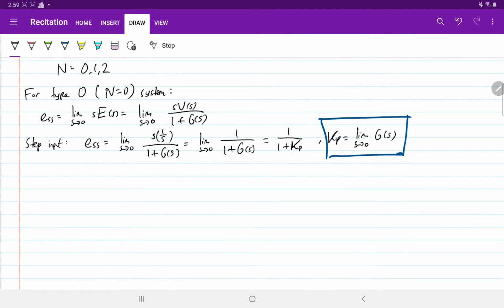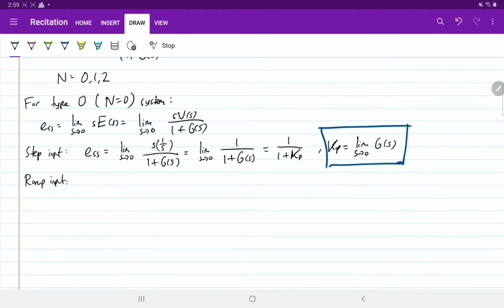How about ramp input? So what is the steady state error of type 0 system with respect to ramp input?